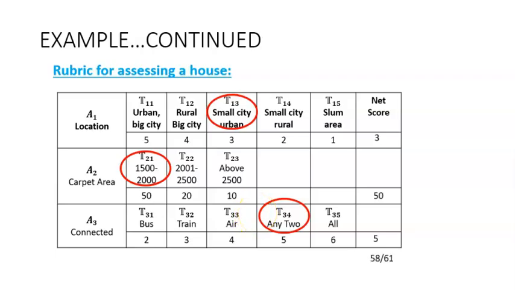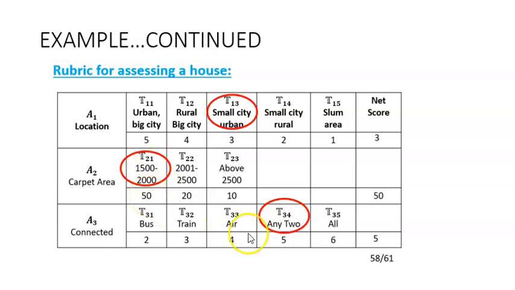The corresponding score is 50, and we put it here. Let us say that it is connected by bus and train, or bus and air, or train and air, any two of them. So the score is 5. You sum up the scores, 55 plus 3 is 58.